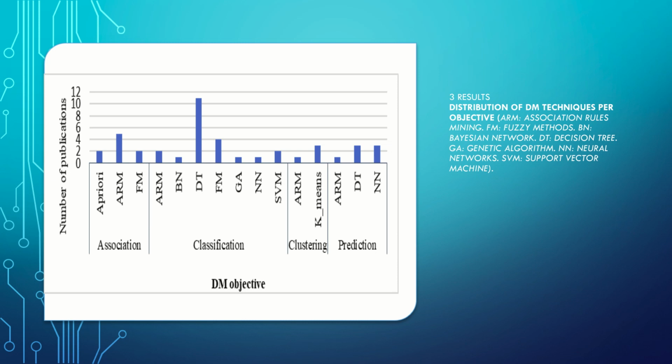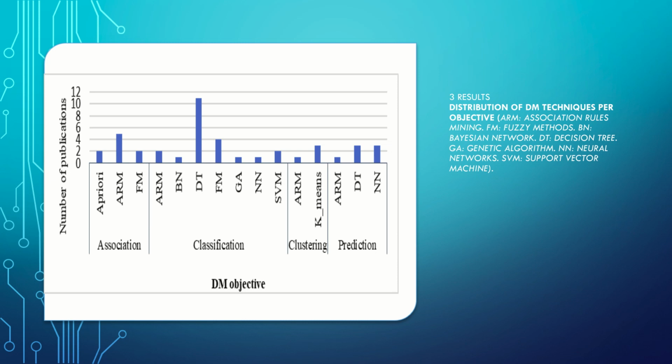We observed that decision tree is the most used data mining technique for classification with a percentage of 50%, followed by fuzzy logic based model with 18%, then SVM with 18.1%, and association rules with 18.1%. After that, we found neural networks and GA and Bayesian networks with a percentage of 4.5% for each.